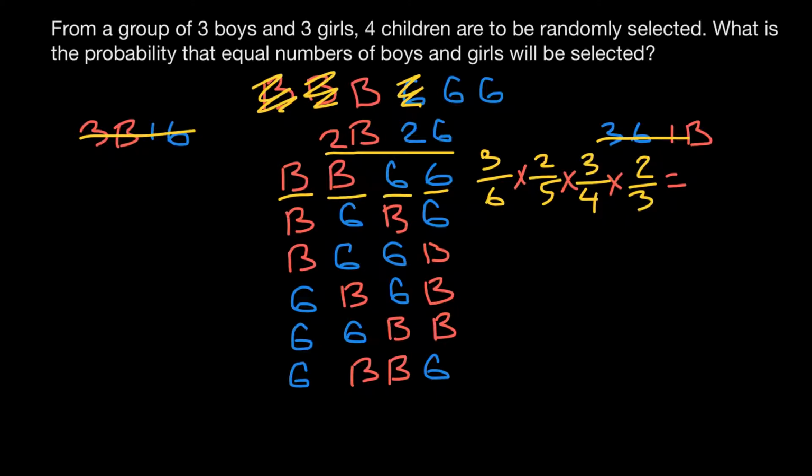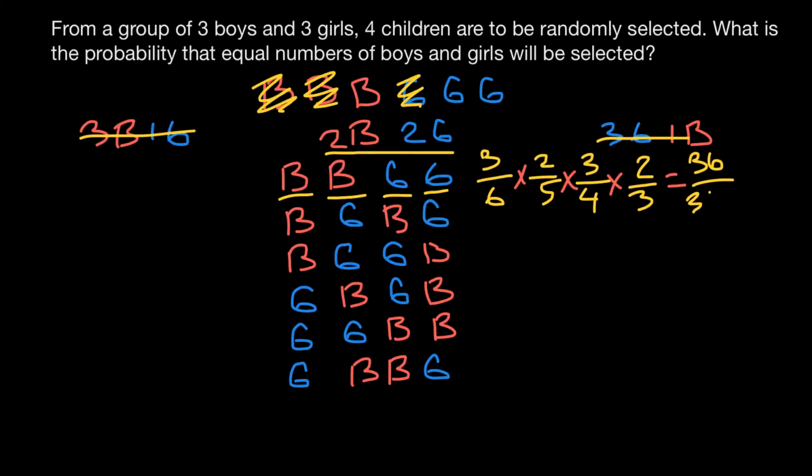So in the numerator, we are going to have 3 multiplied by 2, 6, multiplied by 3, 18, multiplied by 2, going to be 36. So 36 divided by 6 multiplied by 5, 30, multiplied by 4, 120, multiplied by 3, 360.